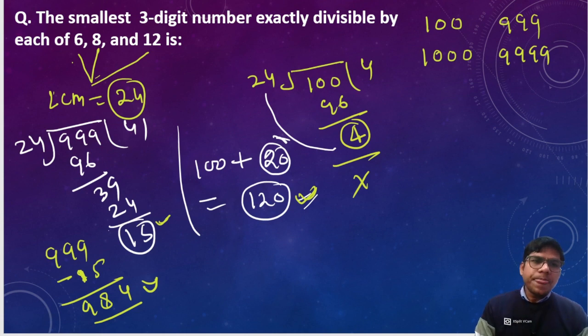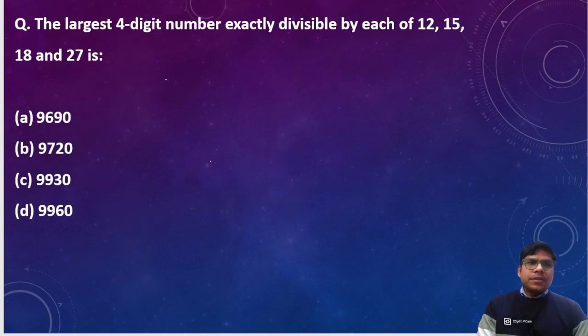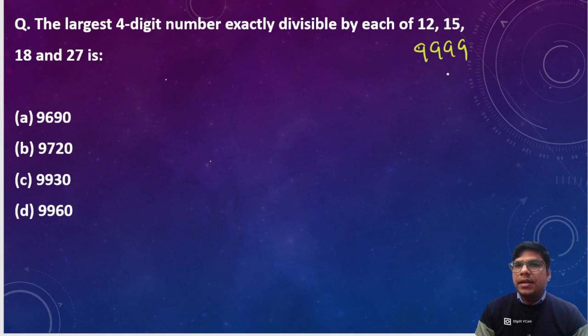Now the next question is: the largest 4-digit number exactly divisible by each of 12, 15, 18 and 24. As you know, the largest 4-digit number is 9999.